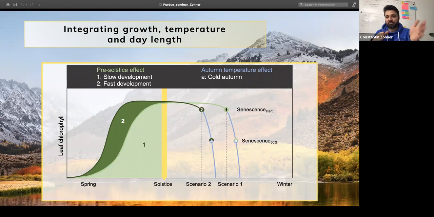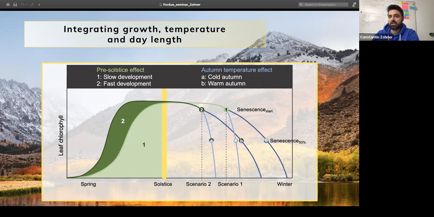So in cold autumns, we should have a relatively fast drop in this chlorophyll curve, whereas in warm autumns, this whole process should be delayed. What I call here the 50% senescence date, the date when 50% of the chlorophyll has been lost, should be driven a lot by autumn temperatures.